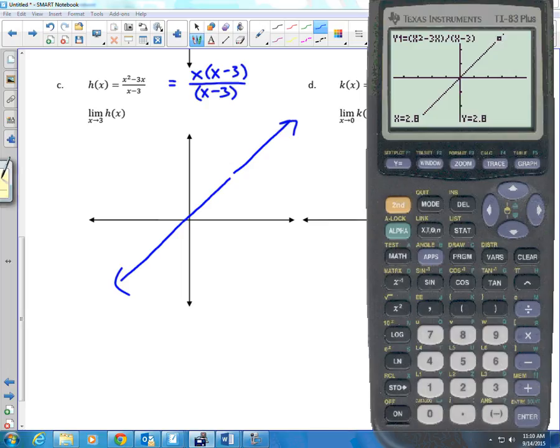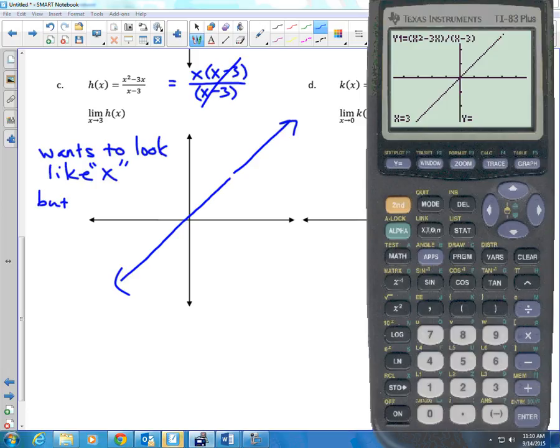Well, watch what happens right at 3. You see, you have a missing pixel right there. That's what this graph is right here. Okay? It wants to look like x, that graph of x, because those would divide off.